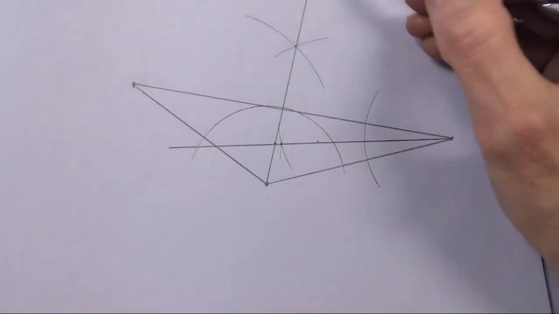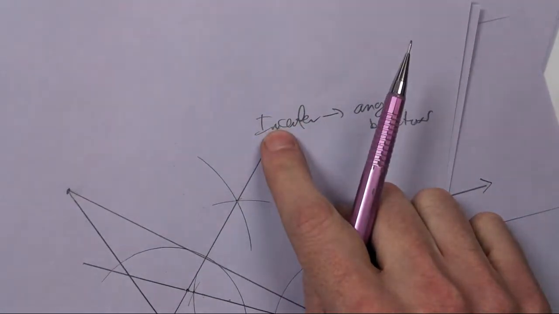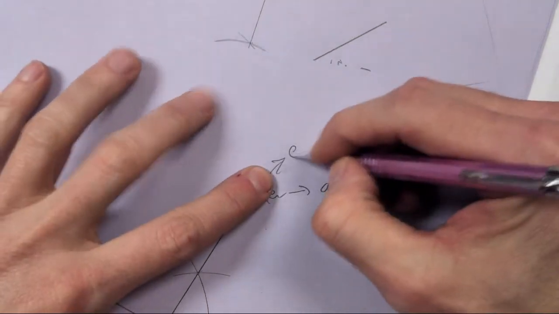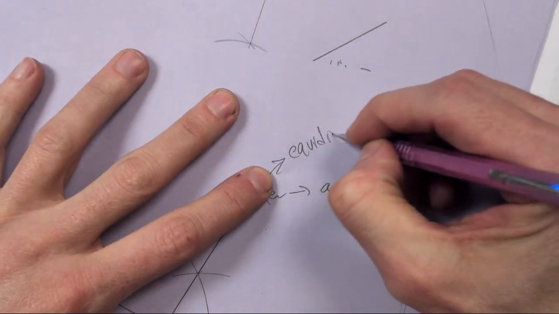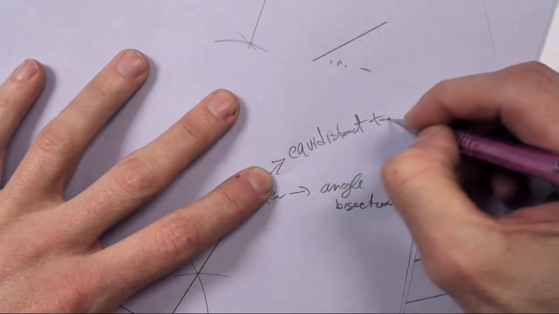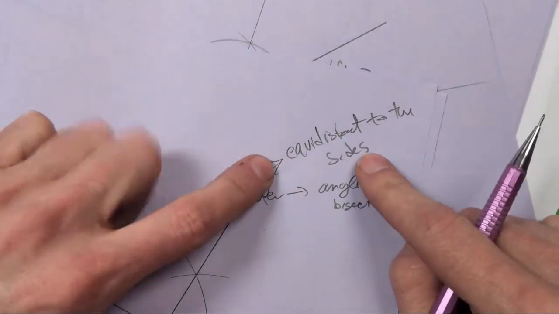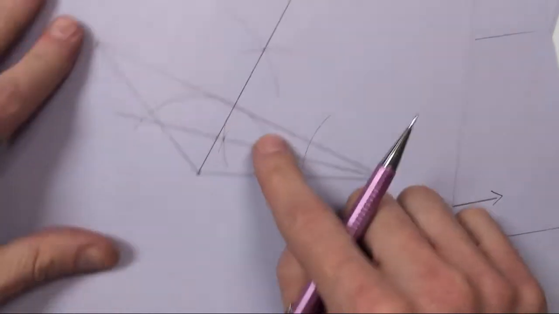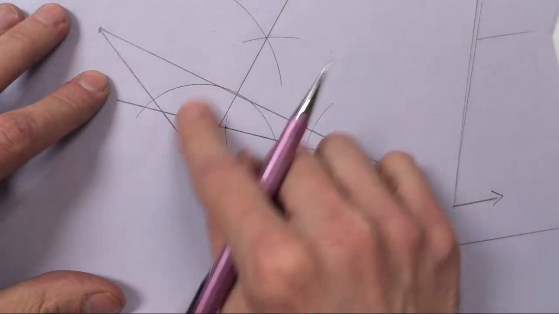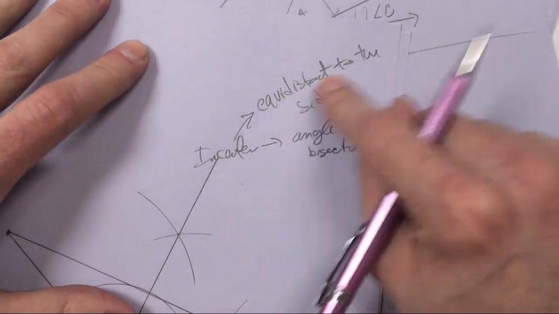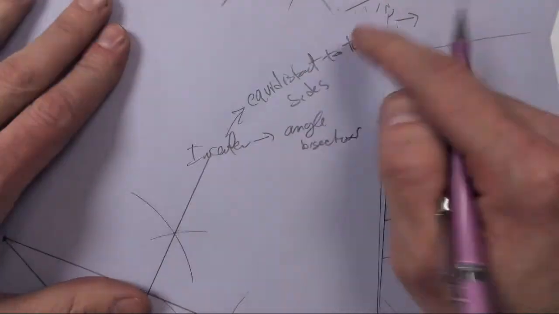Okay, now the special property of the incenter is that it is equidistant to the sides. And that's what allows us to draw the inscribed circle that's tangent to each one of the sides. But that equal distance has to be measured perpendicularly.